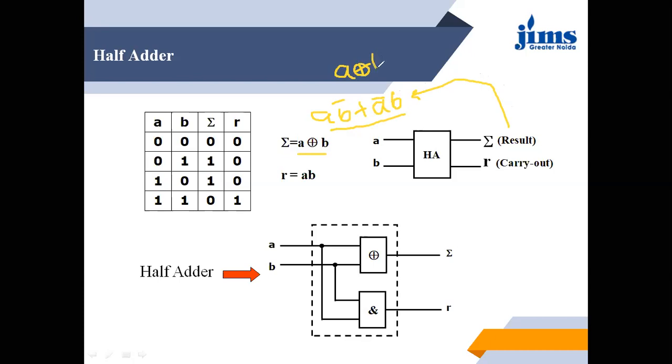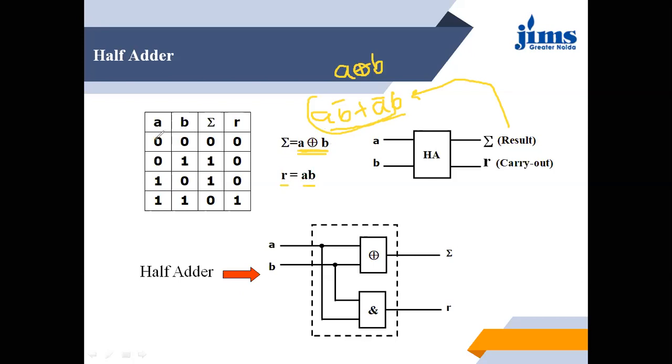So instead of this result, I can write A XOR B, and for a carry I am getting R equals to A into B.